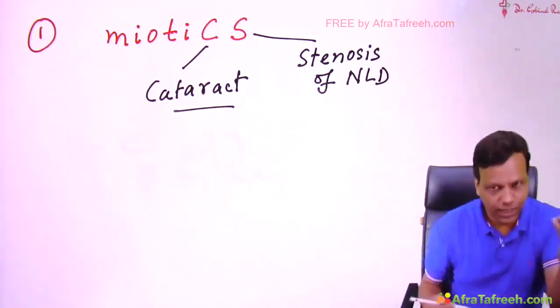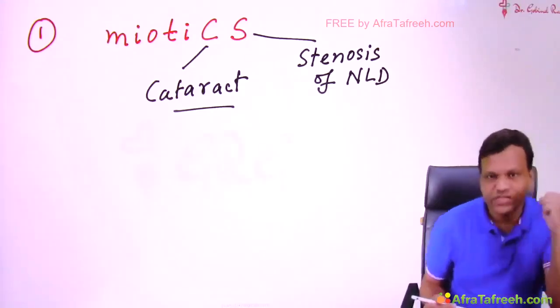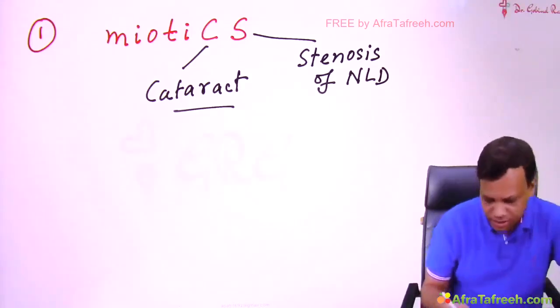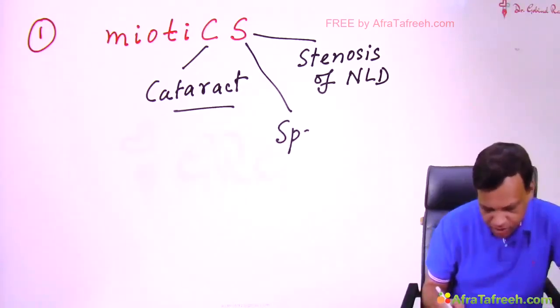And plus we know that they are causing contraction of the ciliary muscle. These are cholinergic drugs, so they can also result in spasm of accommodation.